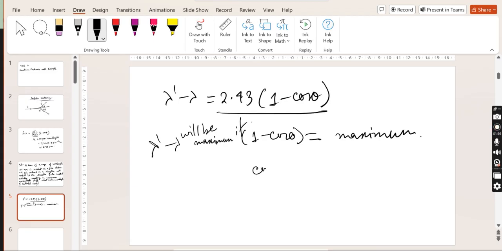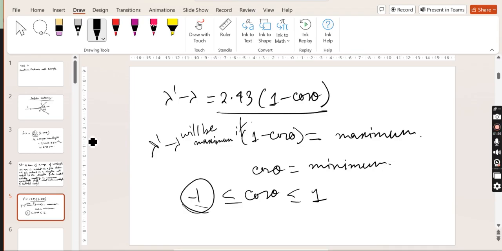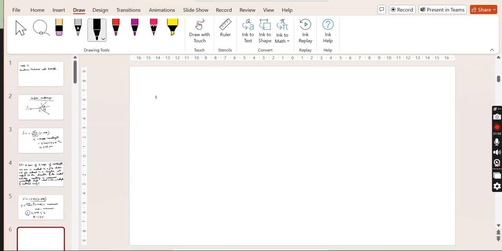This will happen when cos theta is minimum. Cos theta varies from minus 1 to plus 1, so minus 1 is the minimum. So then theta is equal to 180 degrees.